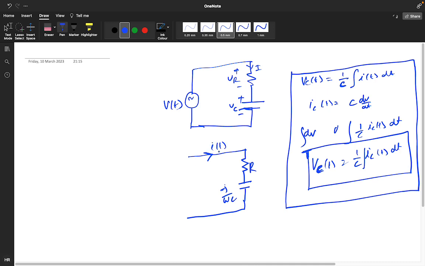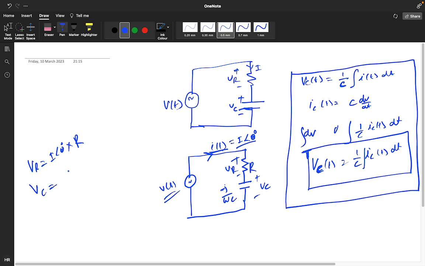Suppose I of t current is coming from here. I am just assuming it is I at an angle theta degree. This is your v of t. So can anyone tell me what will be the voltage across this VR? I at an angle theta into R. And what will be the potential across Vc?